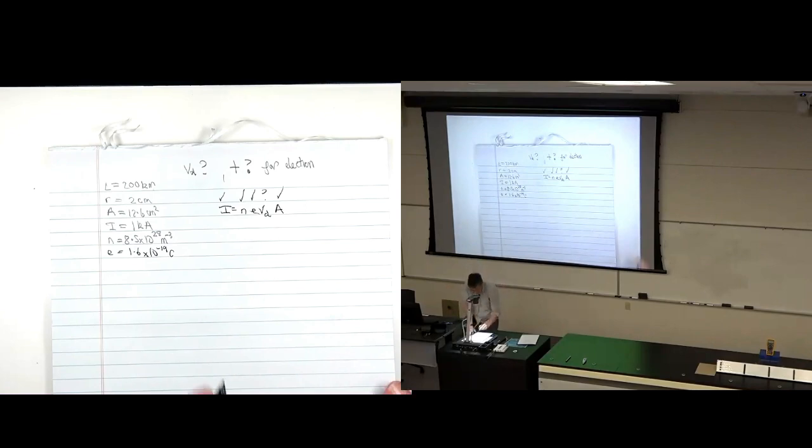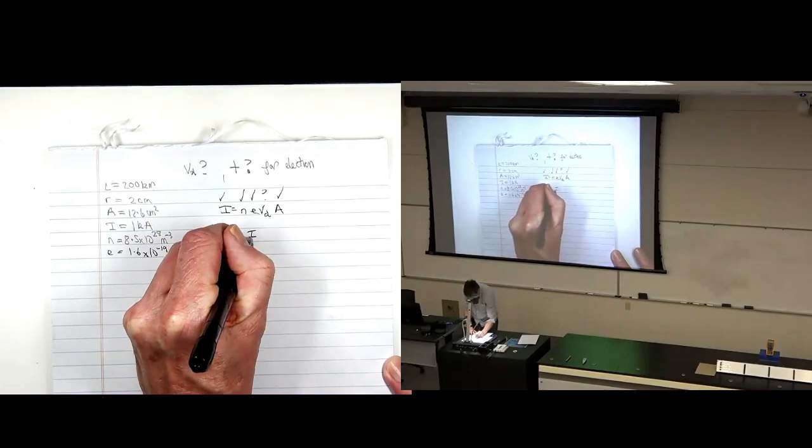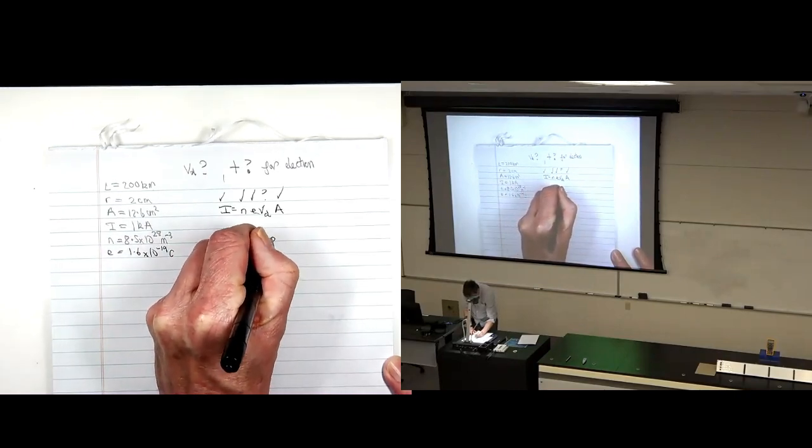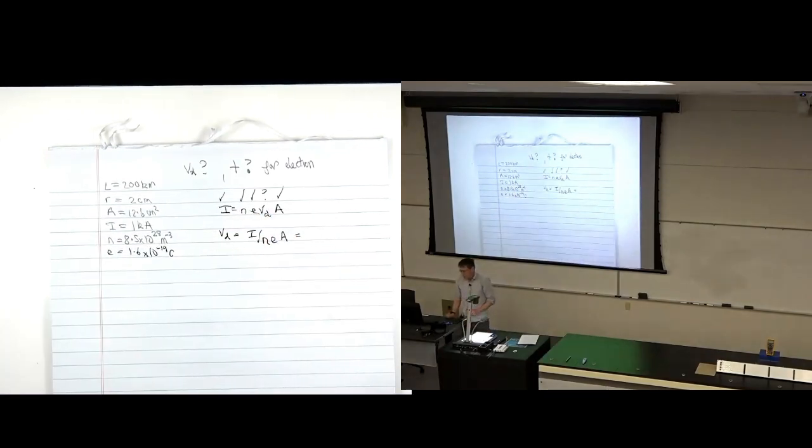So this is perfect. I can rearrange this: v_d equals I over n e A. I can fill in all those numbers, right? Now, again, I'm never going to be able to write out all those numbers. You have to be careful, right? 200 kilometers, you've got to fill it in meters, so it's going to be 2 times 10 to the 5 meters. 12.6 square centimeters, you've got to fill it in meters squared, so you've got to divide it by 10,000 to get a square centimeter into a square meter.